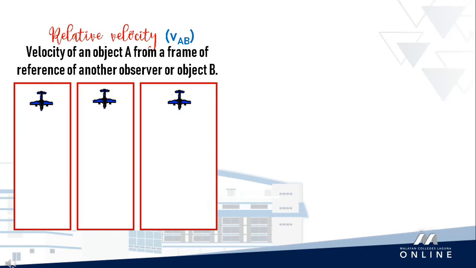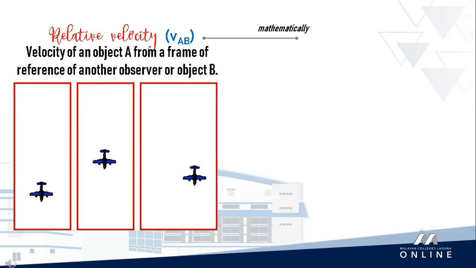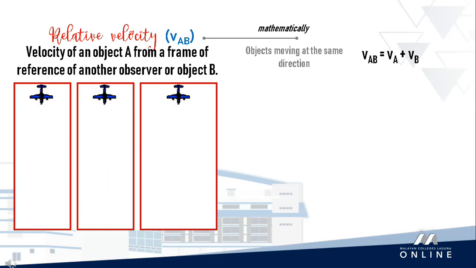a small letter v for velocity and subscript a and b. This relative velocity refers to the velocity of an object A from the frame of reference of another observer or object B. We can represent this mathematically as V sub AB is equal to V sub A plus V sub B. What can we get from this equation?